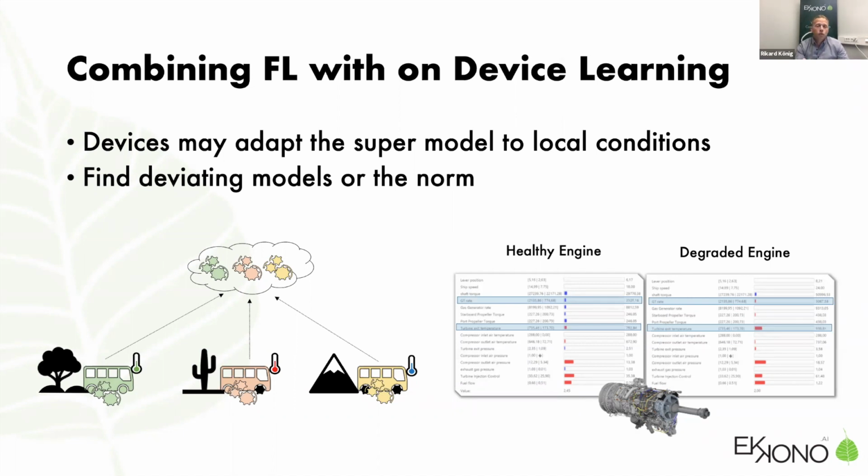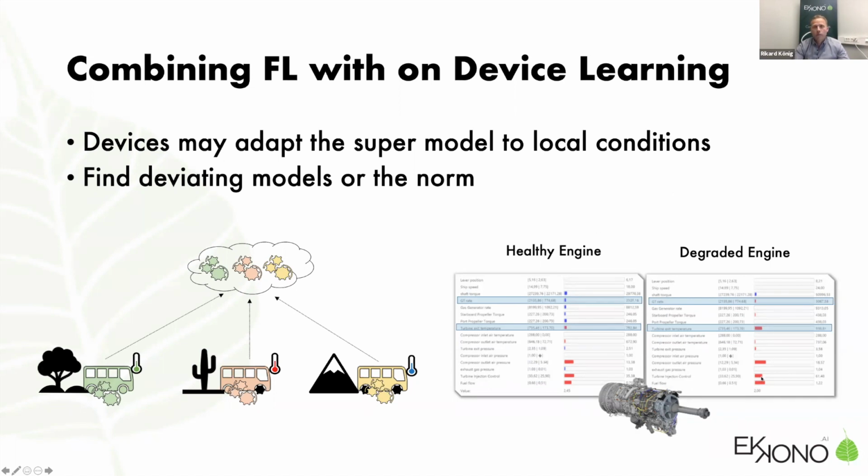And you can also actually compare the devices through their models and look for deviating devices or typical devices. As we see here, in the example on the right, we have a sensitivity analysis of a health engine, and we have found one that is degraded.